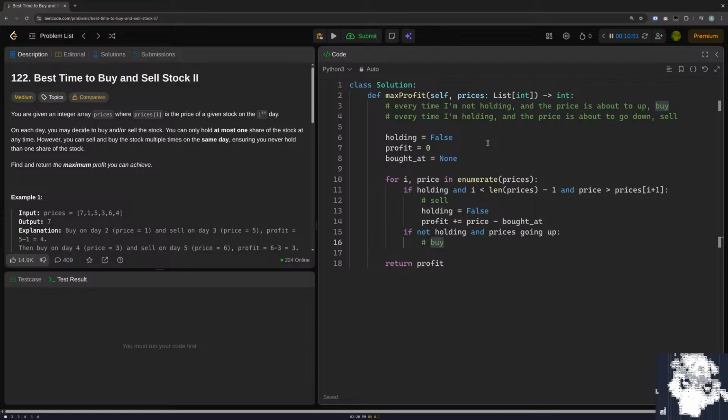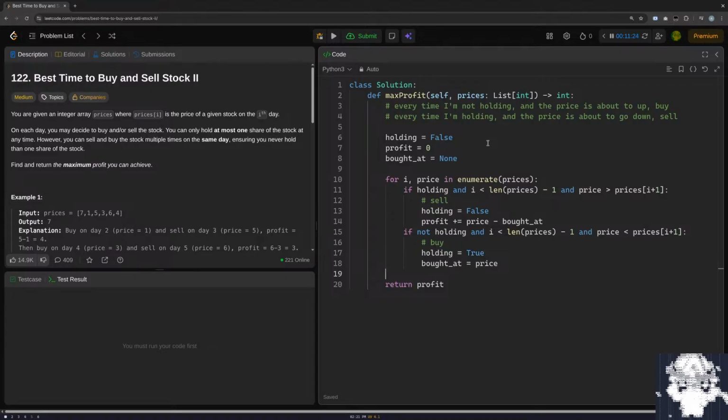Okay, and then if I'm not holding and price is going up, I'm allowed to look in the future, and my current price is less than the next price, so the price is going up. Then buy, which means holding equals true, bought_at equals price.